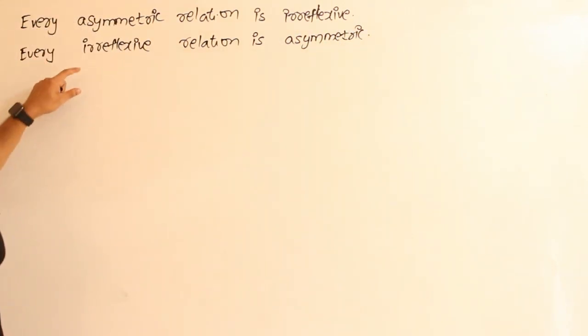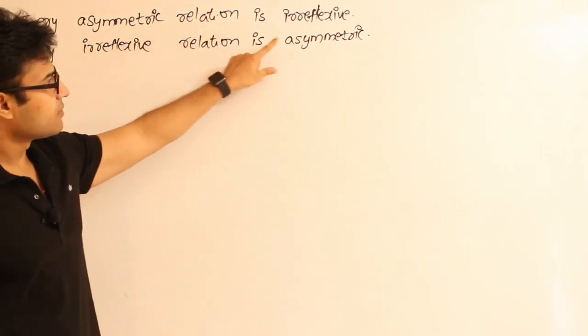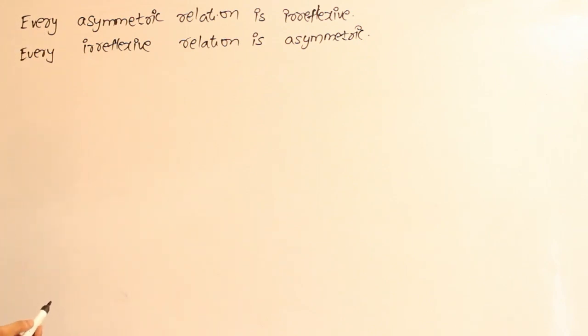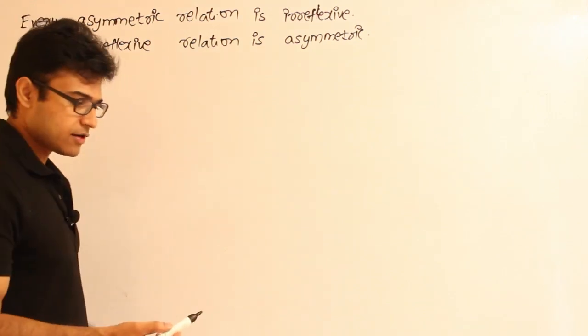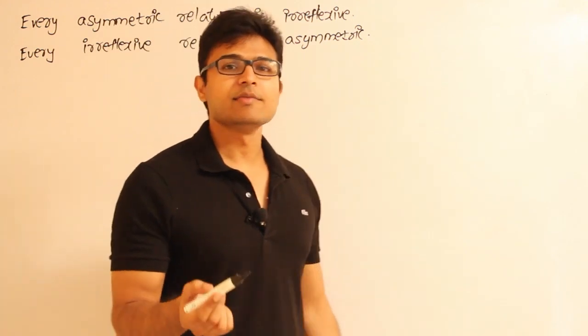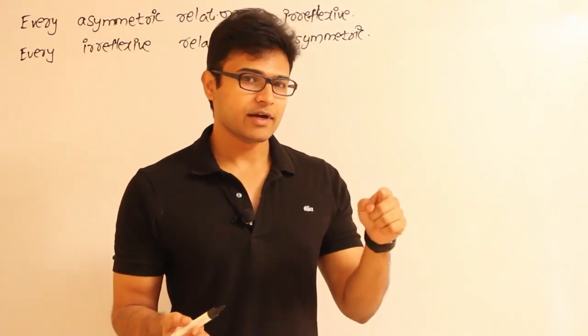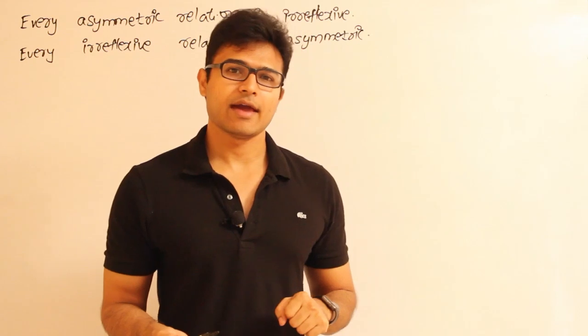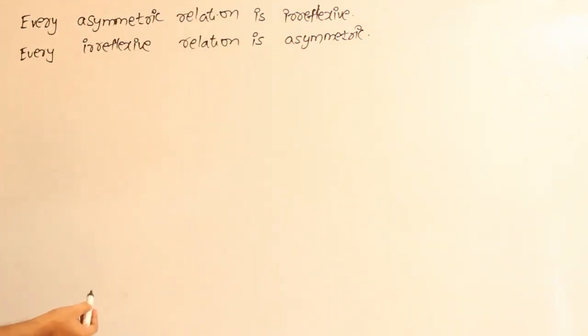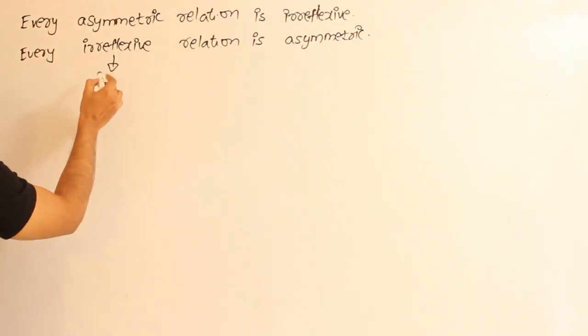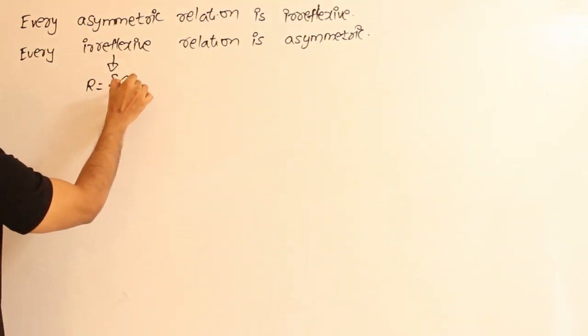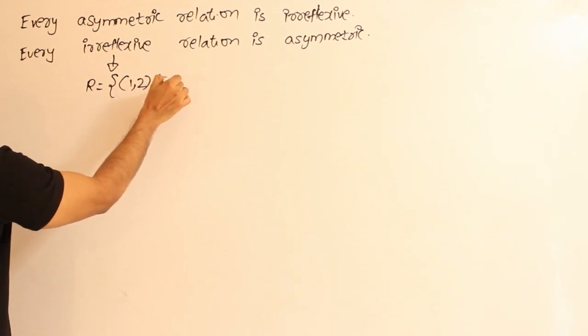Now see this: if a relation is irreflexive, there will be no diagonal elements at all. So if there are no diagonal elements, then is it definitely going to be asymmetric? Need not be. The reason is, there can be some irreflexive relations which may not contain diagonal elements, but they may contain a symmetric pair. Therefore that particular relation may not be asymmetric. For example, let us say a relation R contains two ordered pairs (1, 2) and (2, 1).